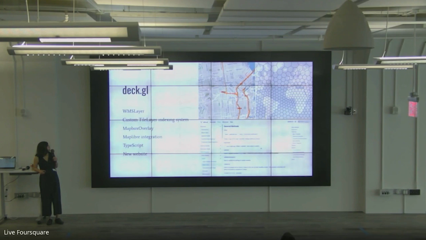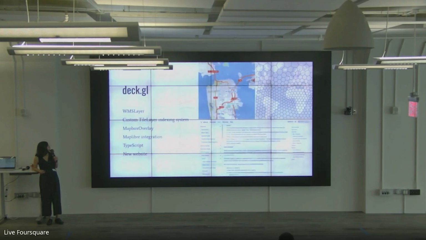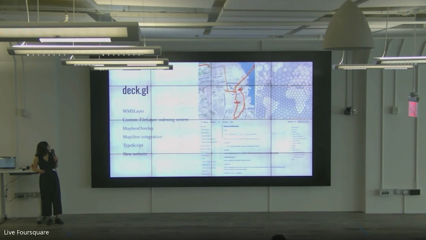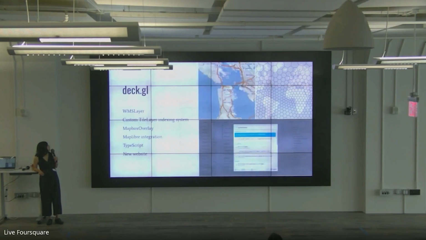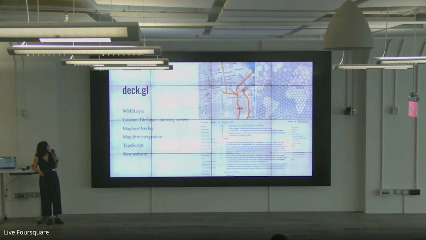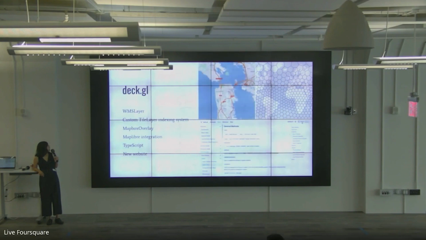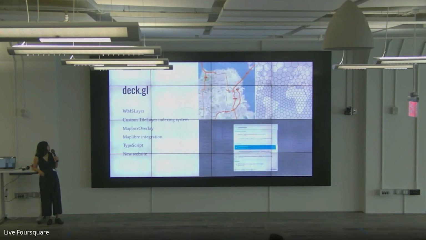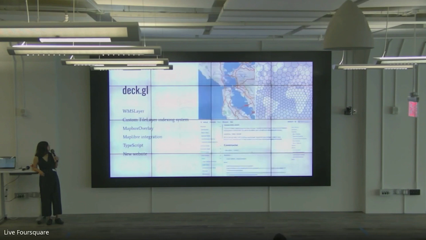There's a Mapbox overlay, which works with Mapbox and MapLibre, and makes it a lot easier to interleave vis.gl layers with the base map. MapLibre is now also supported out of the box, so you don't have to do anything special when you use the scripting interface.